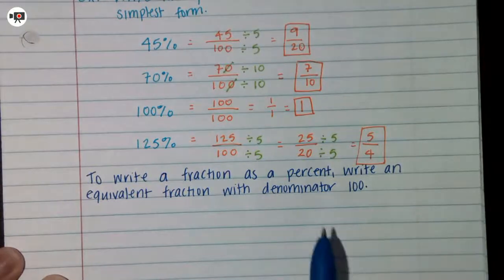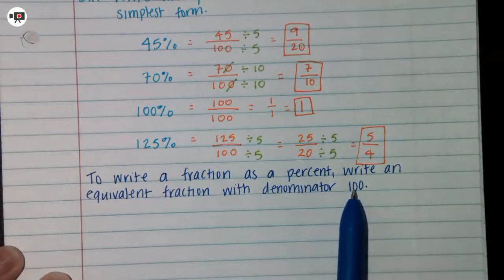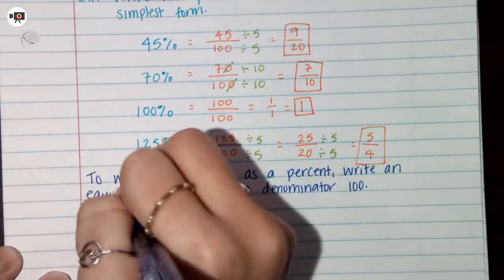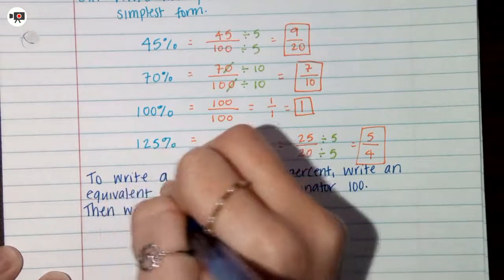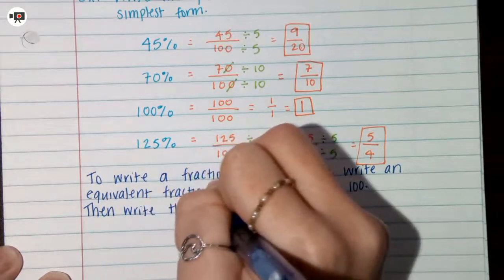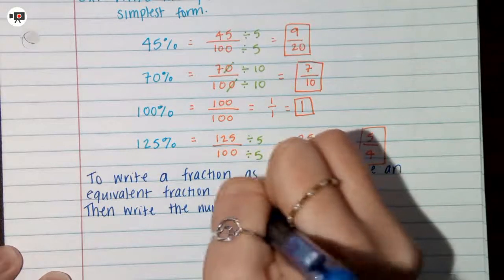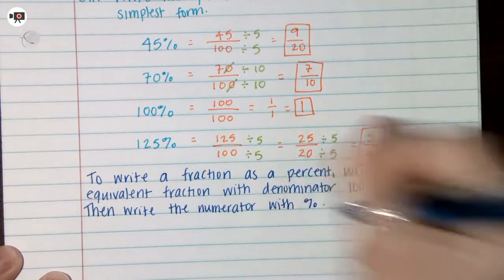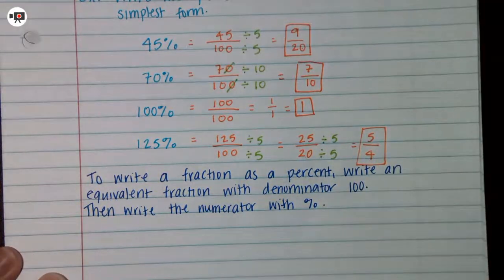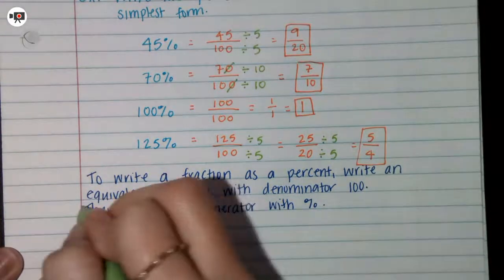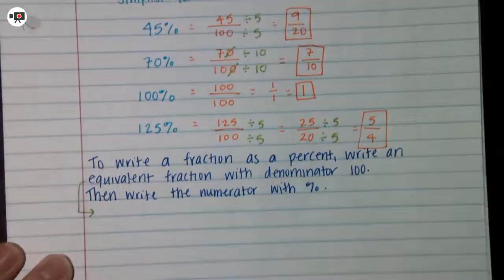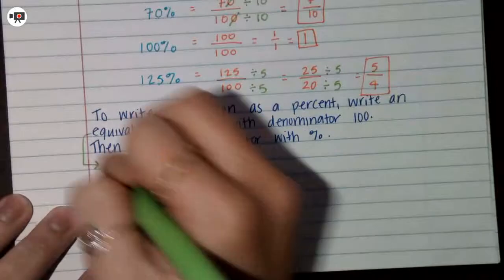So we're going to rewrite our fraction so that the denominator is 100. Then we write the numerator with a percent symbol on it. An equivalent fraction, that just means they have the same value. They mean the same thing.